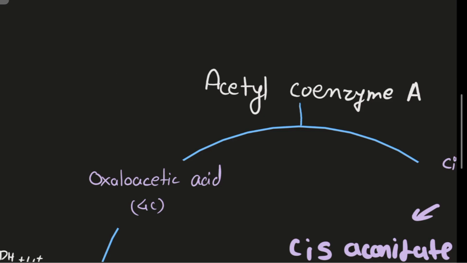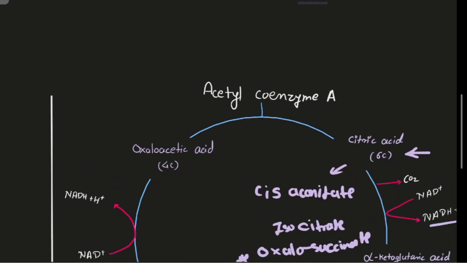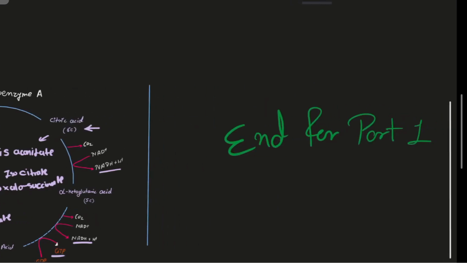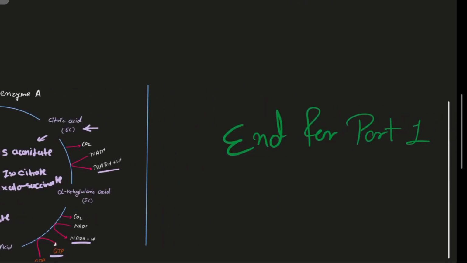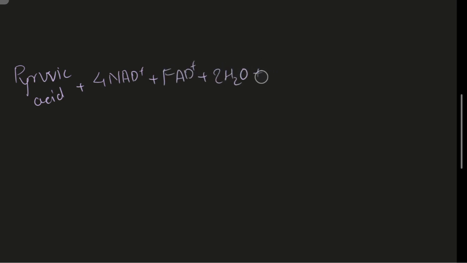So, if we write a balanced reaction of the Krebs cycle, we get it as pyruvic acid plus 4 NAD+, FAD+, 2 H2O molecules and ADP plus inorganic phosphate.